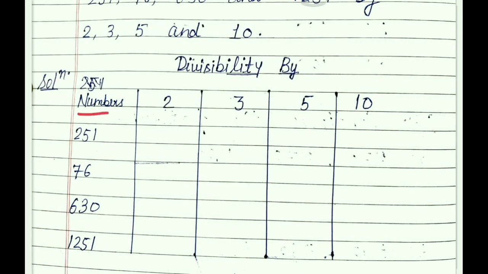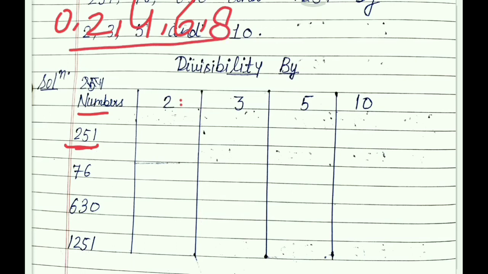The number given is 251. Firstly we will check whether 251 is divisible by 2 or not. We know very well that numbers with last digit 0, 2, 4, 6, 8 are divisible by 2. Here you can see the last digit is 1 only, so it is not divisible, so put a cross here. Next, by 3.